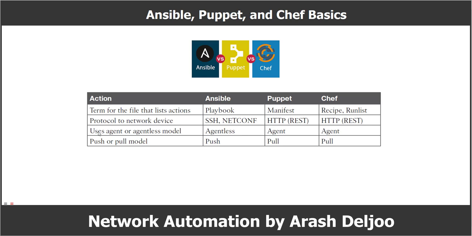About the agent or agentless model, Ansible uses the agentless model. Puppet uses an agent, for example, and Puppet also supports agentless, and Chef uses an agent. About the push or pull model, Ansible uses the push model, and Puppet and Chef both use the pull model.